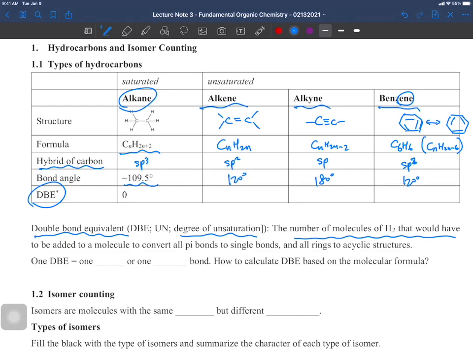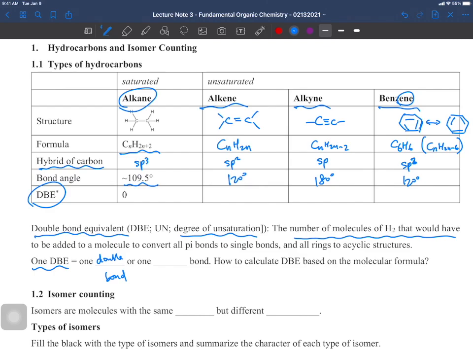So basically it's how many pairs of hydrogens the molecule is missing, right? So 1 DBE can be 1 double bond. Not necessarily a CC double bond. It can be a CO double bond, a CN double bond, right? Any double bond you can think about.